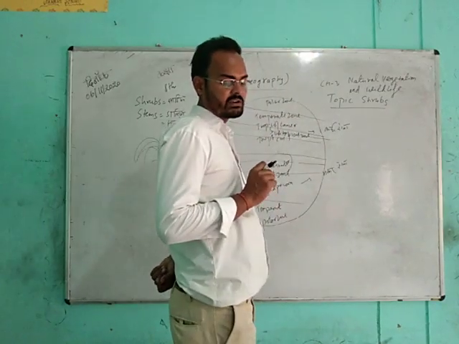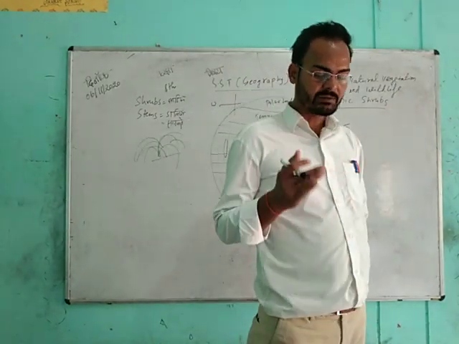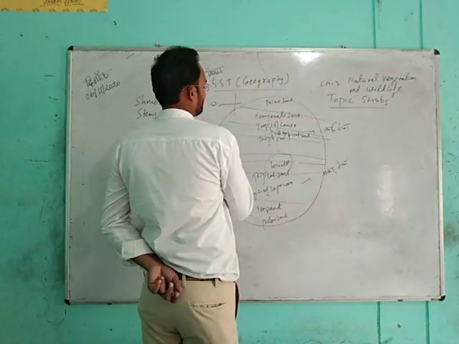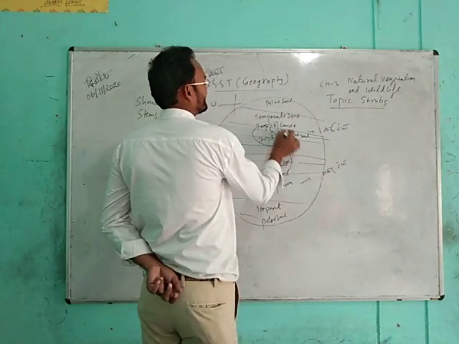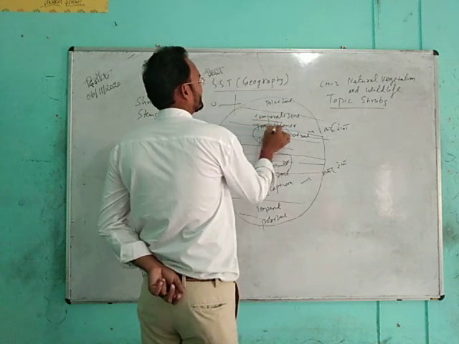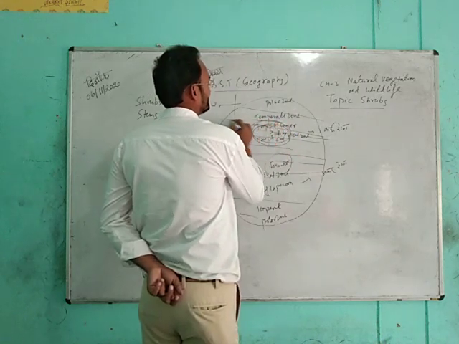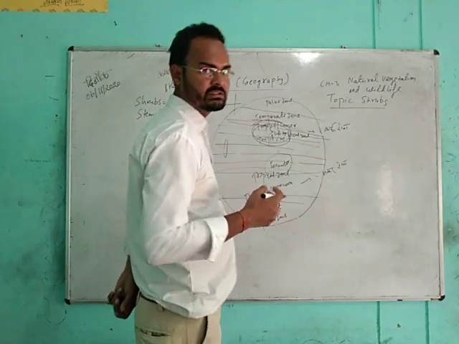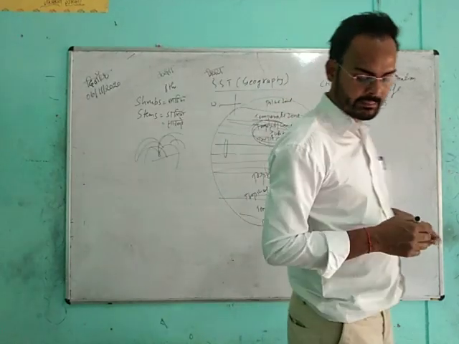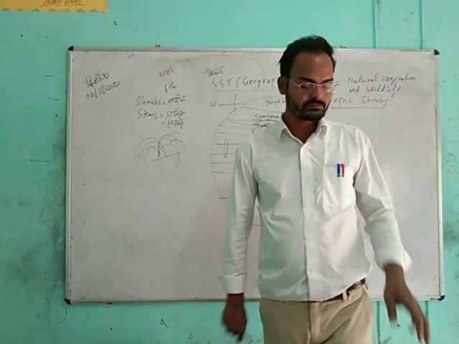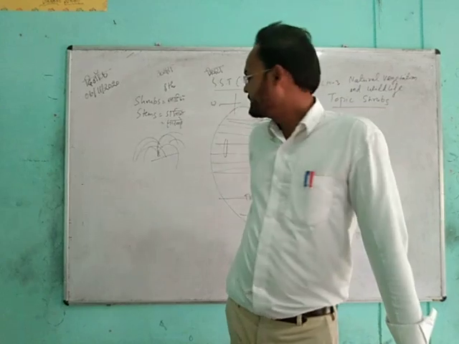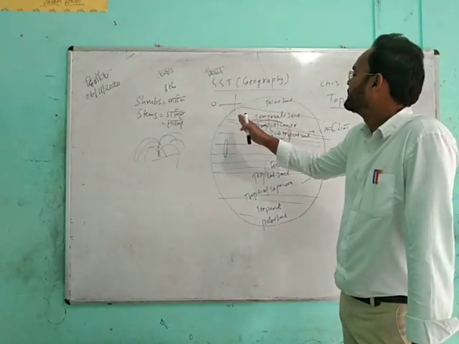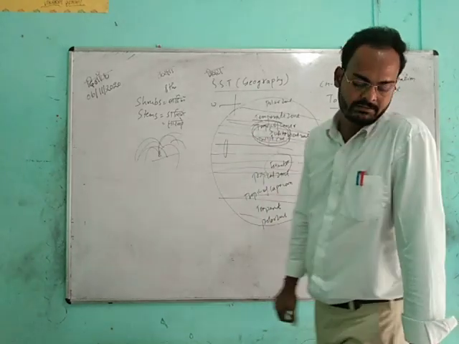So hot deserts are found in the tropical and subtropical belts. What are tropical belts? Above the equatorial region, this is the tropical belt, and nearby this is subtropical. So in this belt on the upper side and in this belt on the lower side, these types of shrubs grow, and basically they grow in the western margin of the continents.